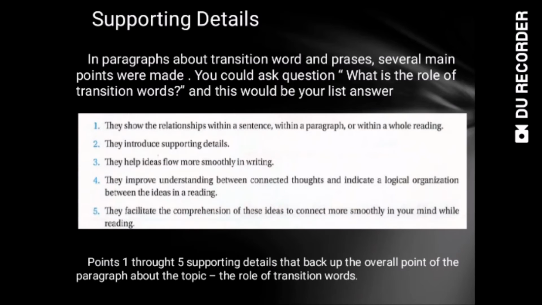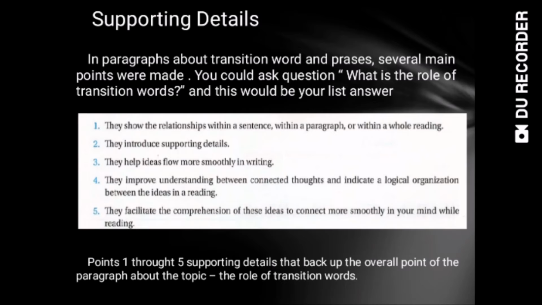Supporting details. In the paragraphs about transition words and phrases, several main points were made. You could ask the question, what is the role of transition words? And this would be your answer. Number 1. They show the relationship within a sentence, within a paragraph, within a reading. 2. They introduce supporting details. 3.